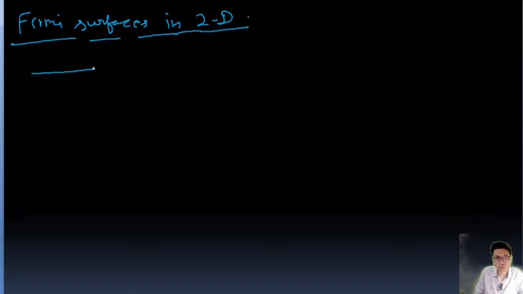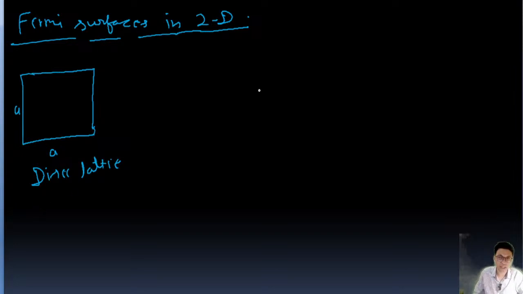So if you talk about the direct lattice, if you have a square, this is a and a. So this is the direct lattice, guys. In the direct lattice, a square is represented like that.